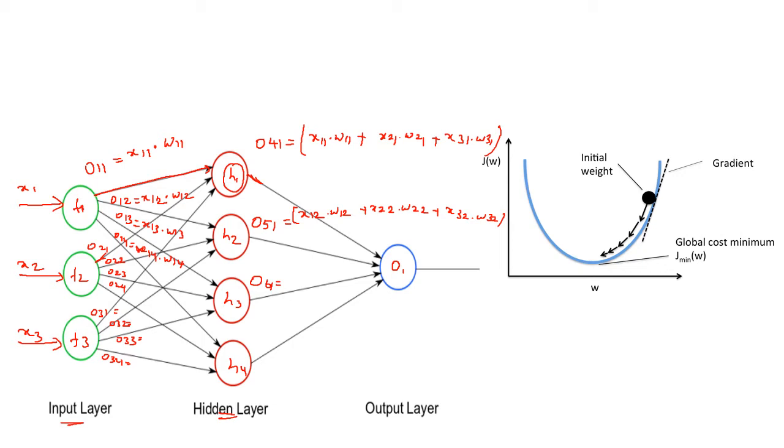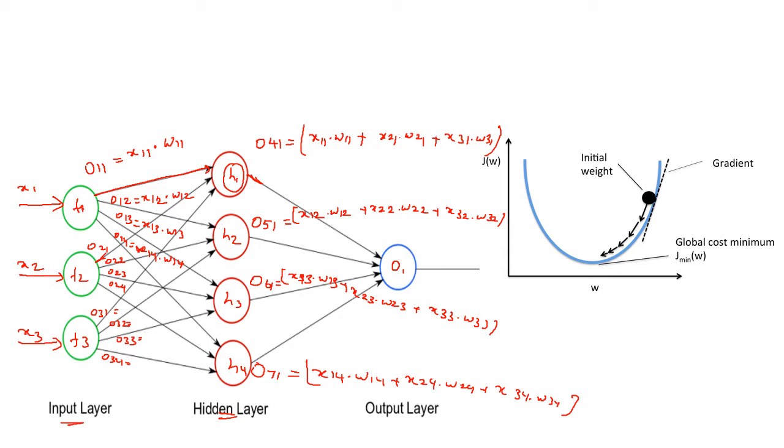And when we come to here, O61 is equal to x13 dot w13 plus x23 dot w23 plus x33 dot w33, and when we come to here, O71 is equal to x14 dot w14 plus x24 dot w24 plus x34 dot w34.